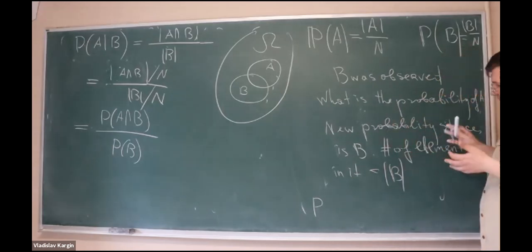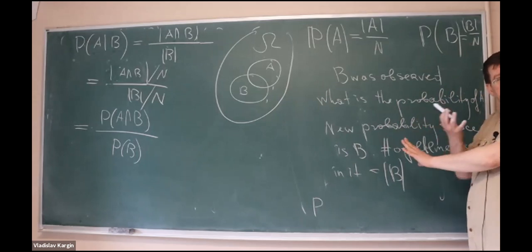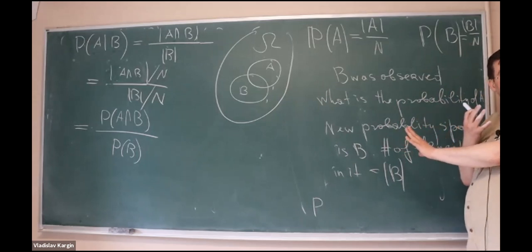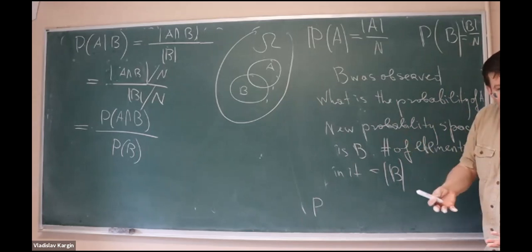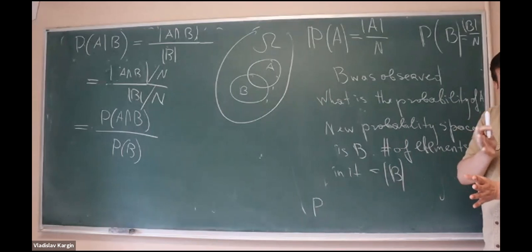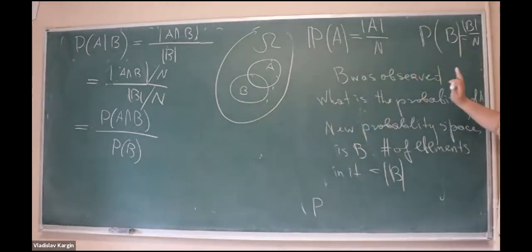You still need some interpretation about the process of getting information. If you make a reasonable assumption about the process of getting information, that it doesn't change the relative probabilities of the outcomes, then this formula could also be derived without the assumption that the original outcomes were equally probable.